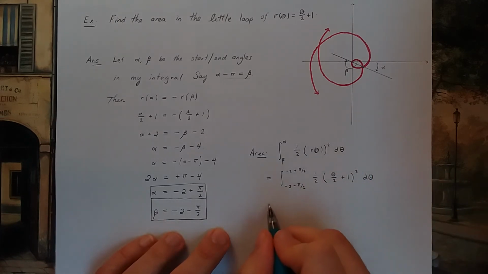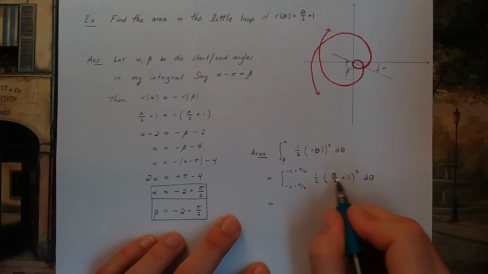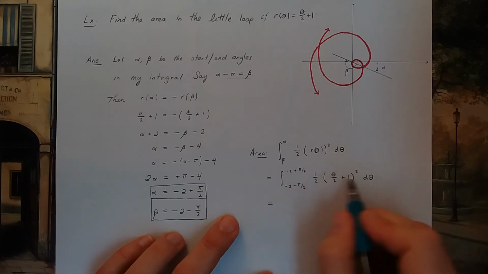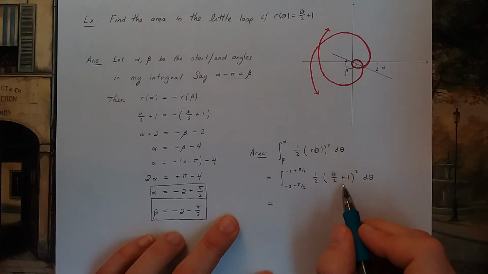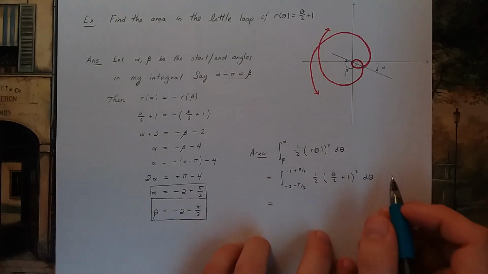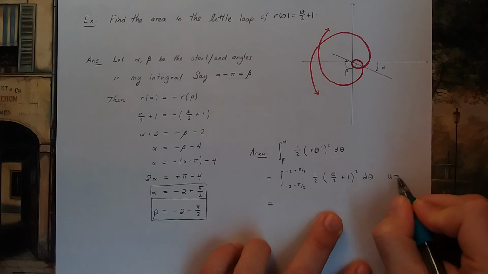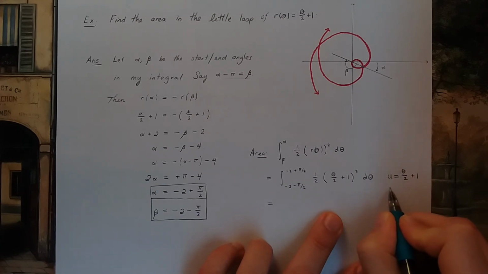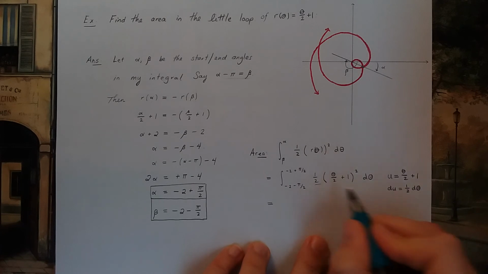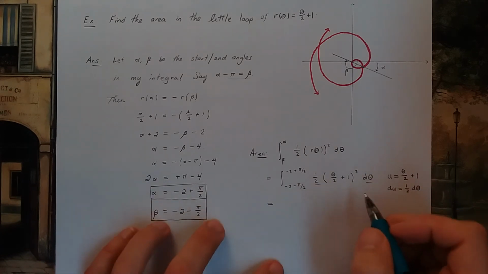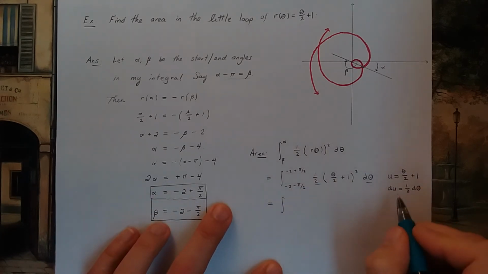And now it's basically a routine integration problem. You can expand this out, FOIL it, or even maybe you could do a u substitution. Why don't we do that? Why don't we do u equals theta over 2 plus 1. Then I get du is 1/2 d theta. I have the 1/2 d theta here, so I get a new integral.